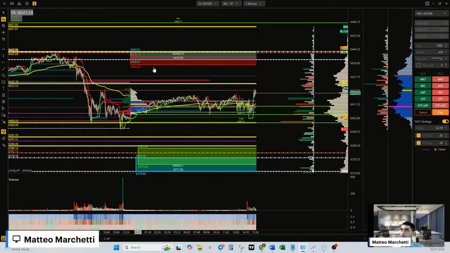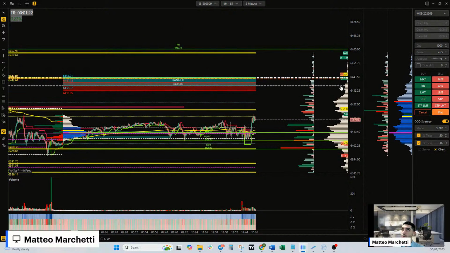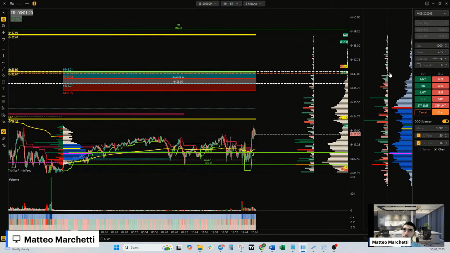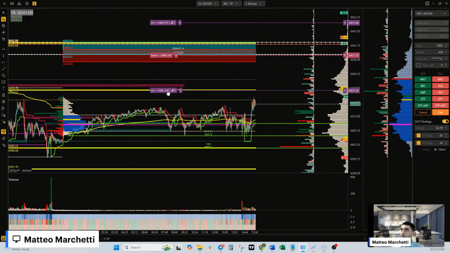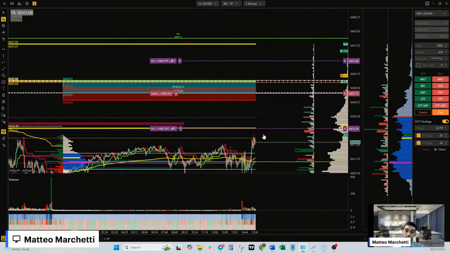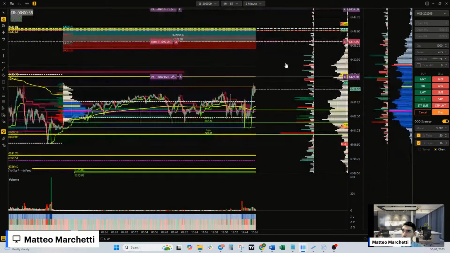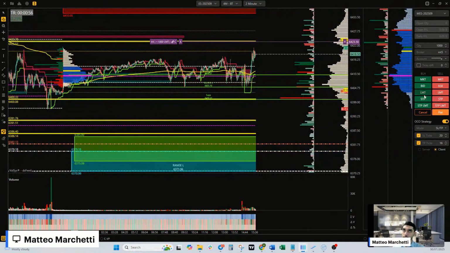Good. So the first thing I'm going to do is place a limit order here, and for the target and take profit, we will think about it later. The most important thing is I'm going to place the sell limit order here, and also a buy limit order down here.